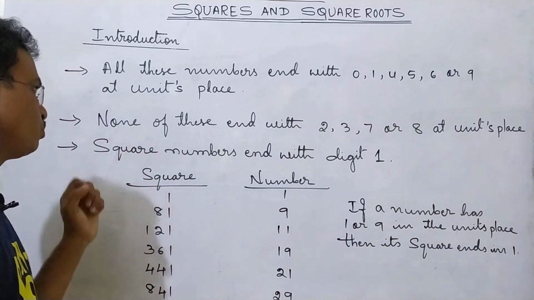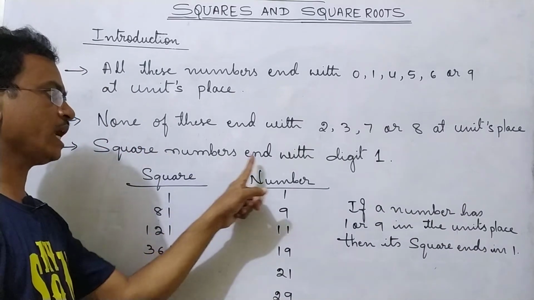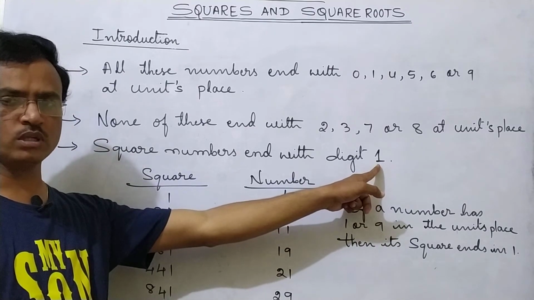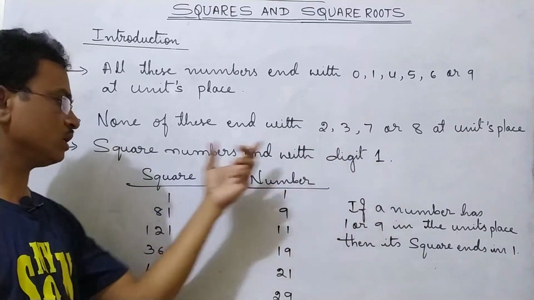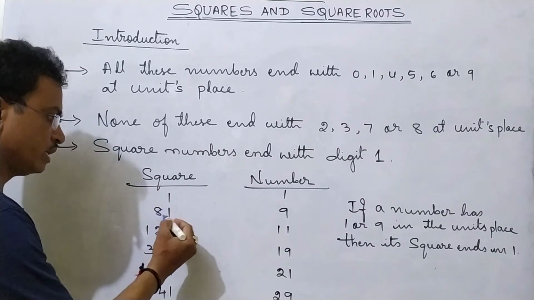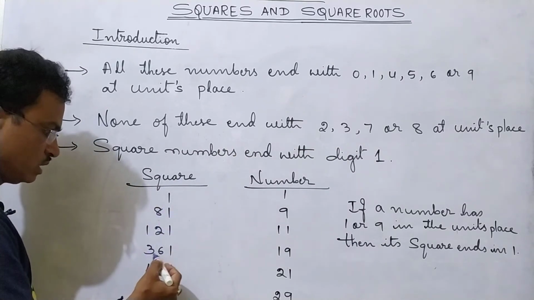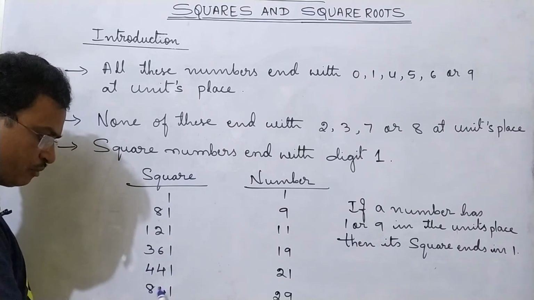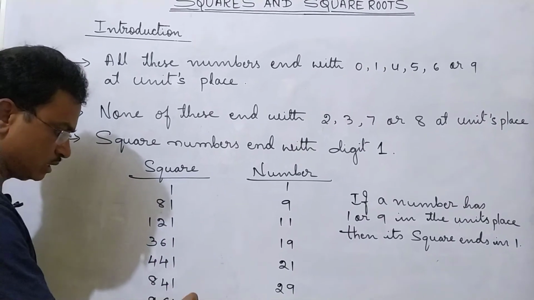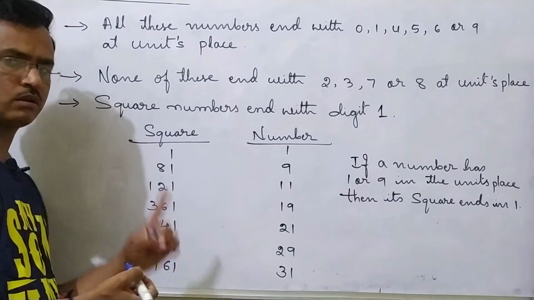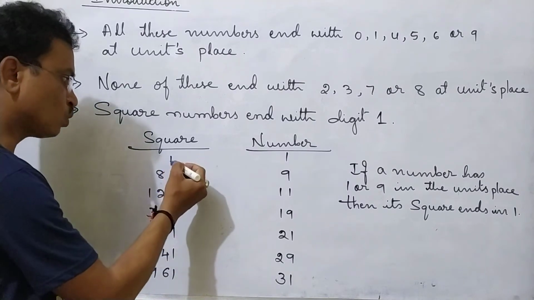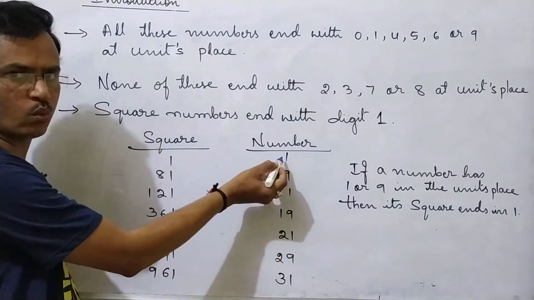Okay. Next point, square numbers ending with digit 1. You see all these square numbers: 1, 81, 121, 361, 441, 841, 961. In the units place, all end with the digit 1. Then the square root of 1 is 1.